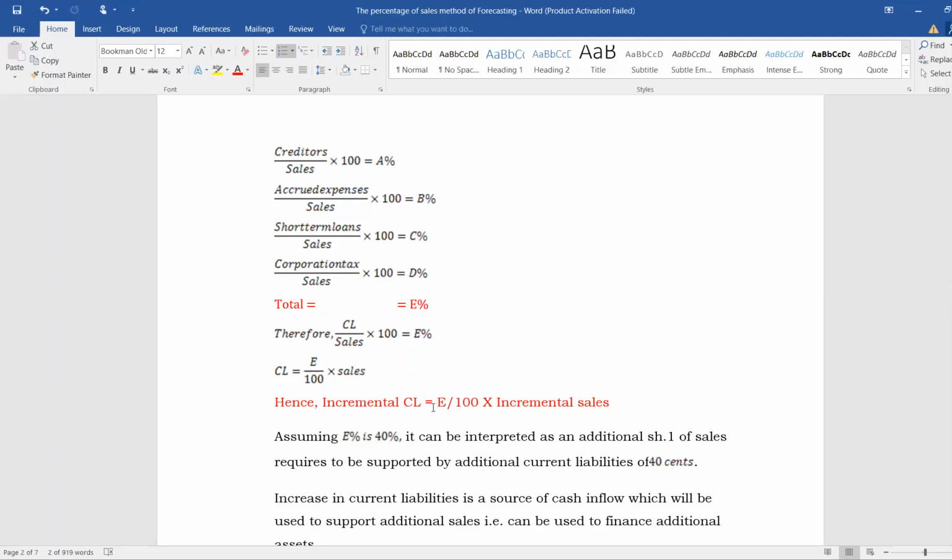Now, assuming this percentage, E%, is 40%, it can be interpreted that for each additional 1 shilling sale, the firm's current liabilities will increase by 40 cents. If you take E%, which is assumed to be 40, times 1 shilling additional sale, then additional current liabilities will be shilling 0.4.